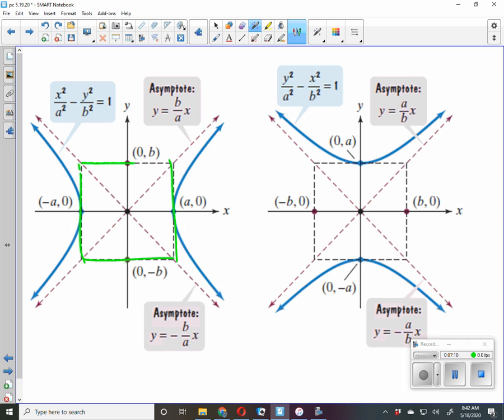When you draw that box, notice the diagonals go through the vertices of the box. The hyperbola then is drawn so that it goes from the vertex and approaches the asymptotes. Okay, keep that fairly simple. Same thing is true for the vertical hyperbola.